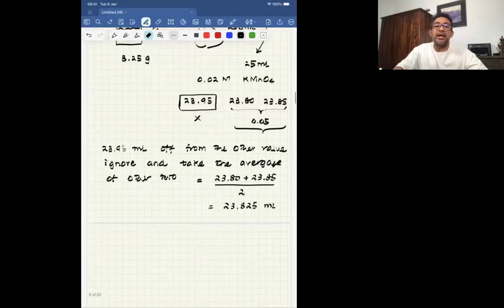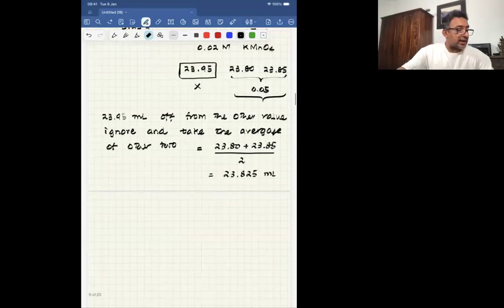So you can take it as 82 or 83. Did you understand that value? Right, good. We ignore the first iteration because it's a rough reading, and take the average of the last two. Okay, look at that.